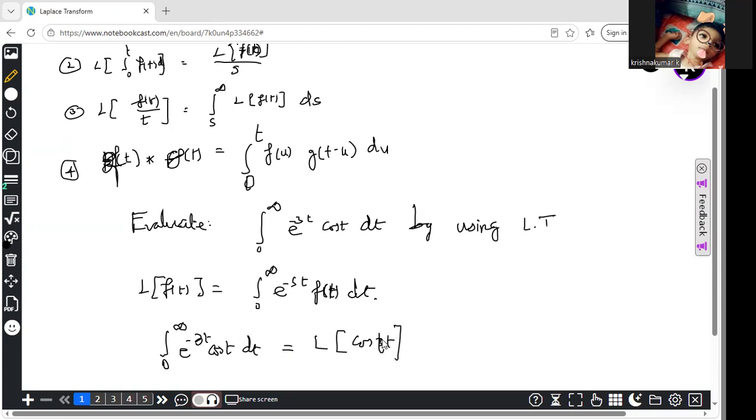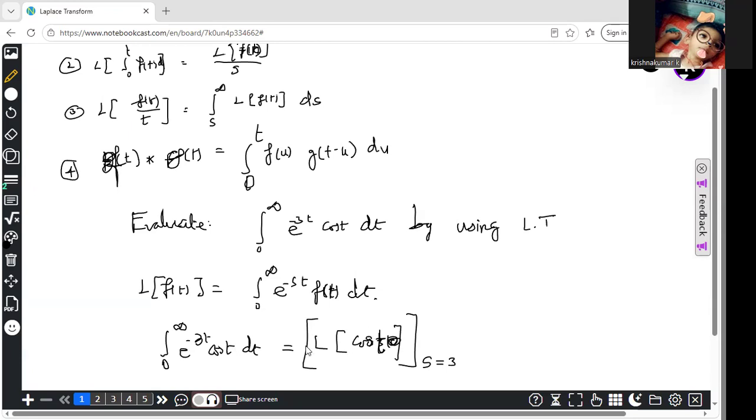Because the Laplace transform of cos t is equal to the integral from 0 to infinity of e power minus st into f of t dt. But in the place of s, we have 3. So after finding this, we have to put s equal to 3. Is this correct?